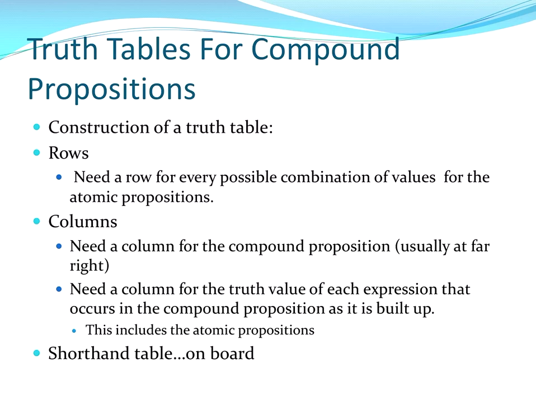And then for the columns, each atomic proposition will need a column, but then we'll use columns for sub-compound propositions, and the last column will be the overall compound proposition that we're interested in. And in a separate video, I'll do a shorthand approach for a truth table.